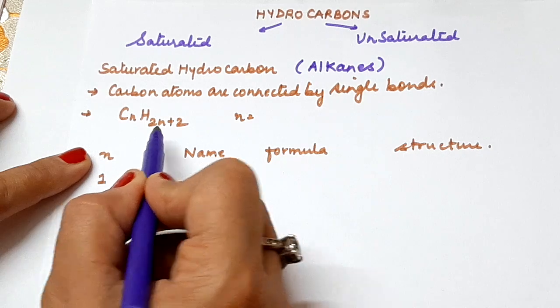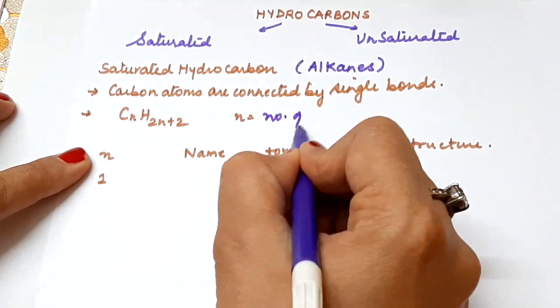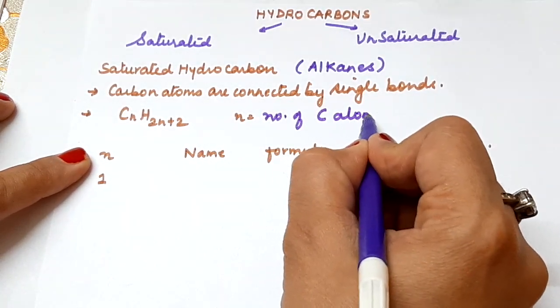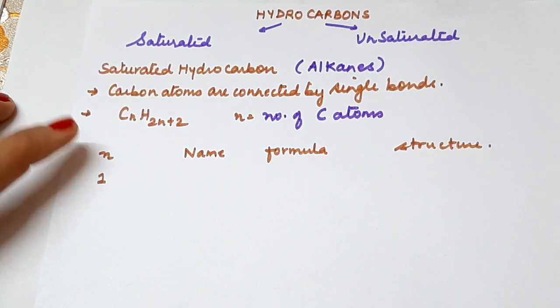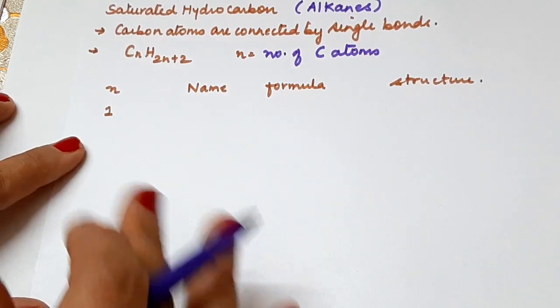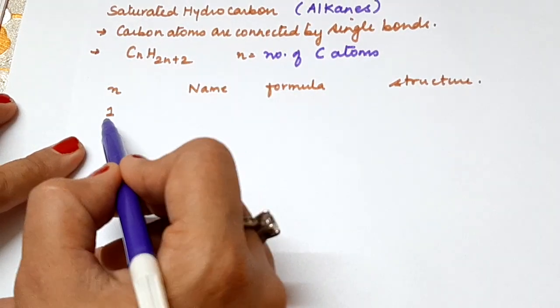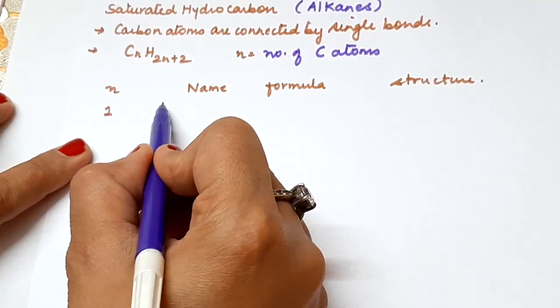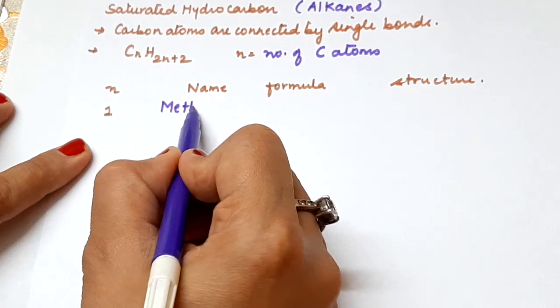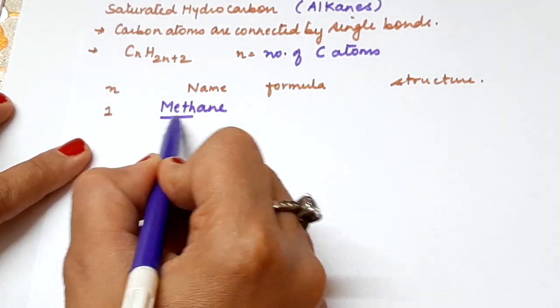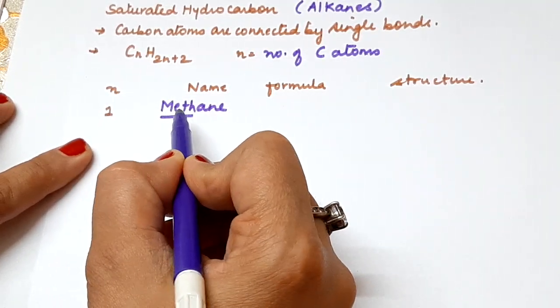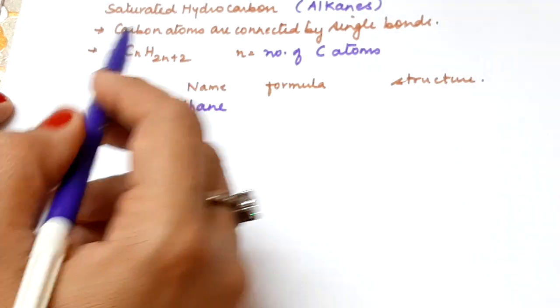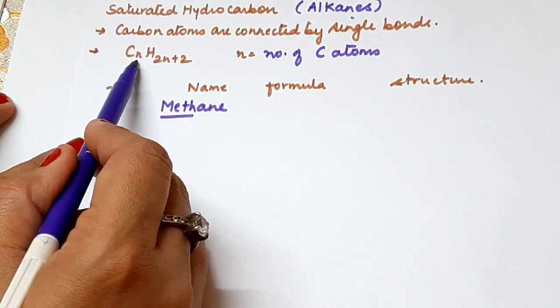Now what is n here? n is the number of carbon atoms. Right? Now let's take an example and see this. If n is 1, that is, the number of carbon atoms is 1, then we call it methane. Meth is for 1 carbon atom, right? So in this formula, put the value of n as 1.